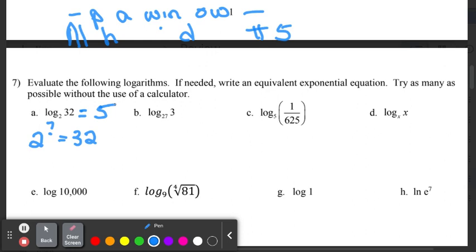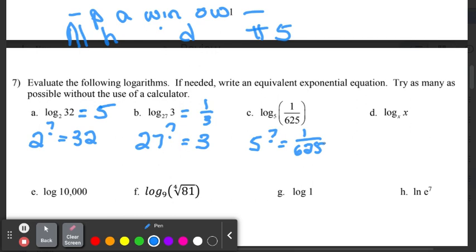Now this one, 27 to the what gives you 3. Well, I know the cube root of 27 is 3, and I write the cube root as an exponent of 1/3. 27 to the 1/3 power does equal 3. 5 to the what is 1 over 625. Well, I know 5 to the 4 is 625.